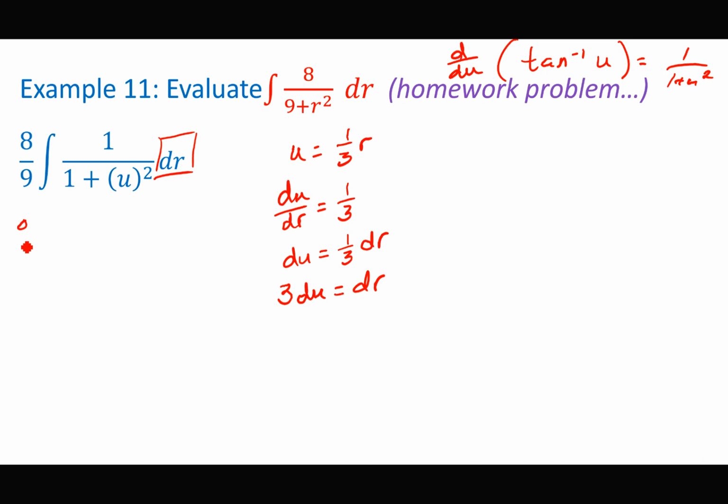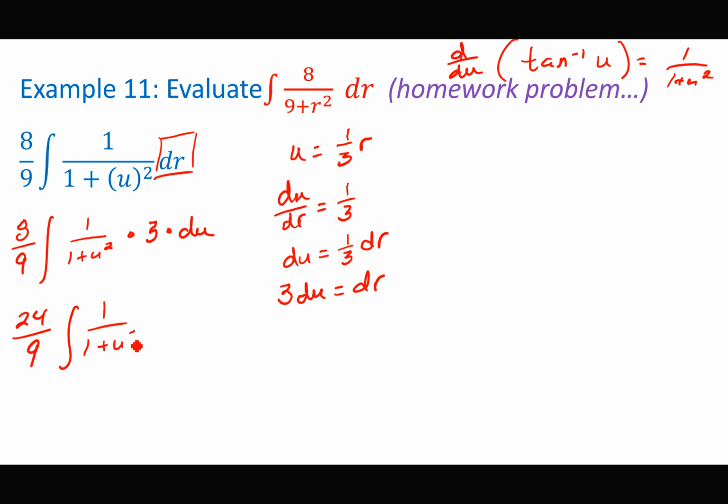So now I'd write this as 8/9 times 1 over 1 plus u squared times 3 times du. The 3 I could bring out, so this is 24 over 9, 1 over 1 plus u squared du. Now my variable in my integrand matches the variable of my differential.